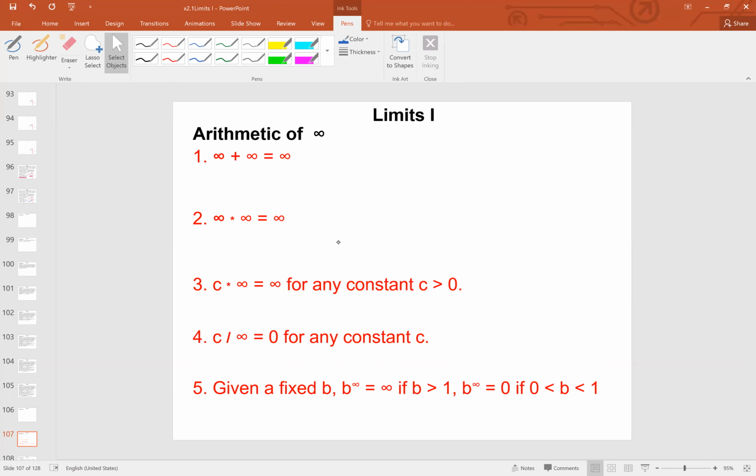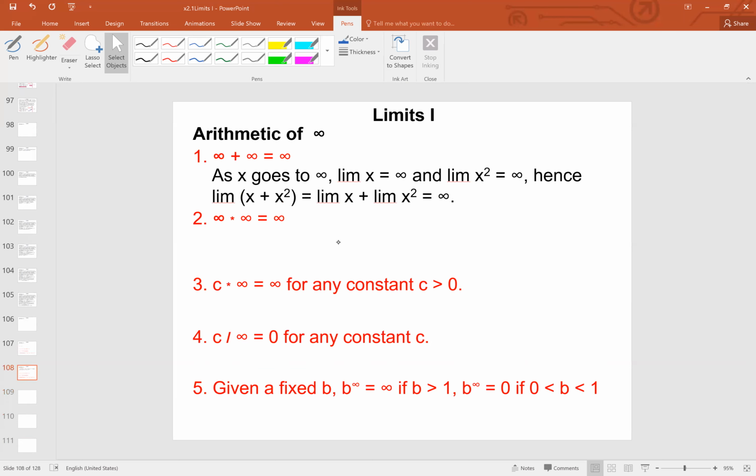Infinity plus infinity is equal to infinity. If I know one calculation's answer becomes bigger and bigger, and another calculation becomes bigger and bigger, and they both go to infinity, then adding them, the final formula goes to infinity too. For example, x goes to infinity, x squared goes to infinity, so x plus x squared also goes to infinity.